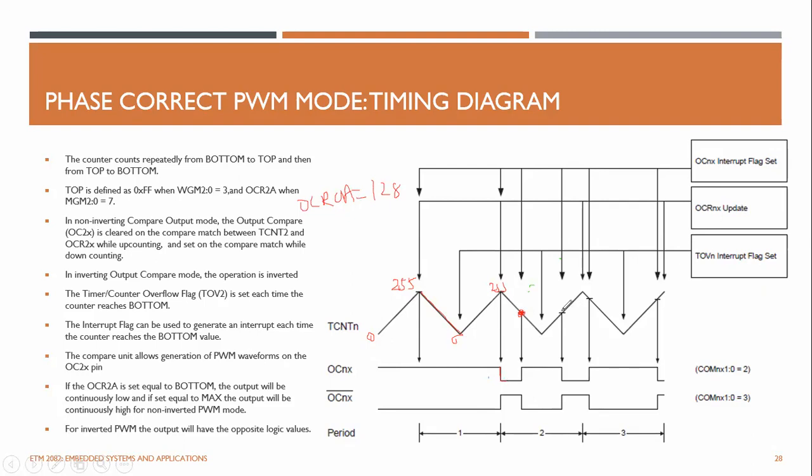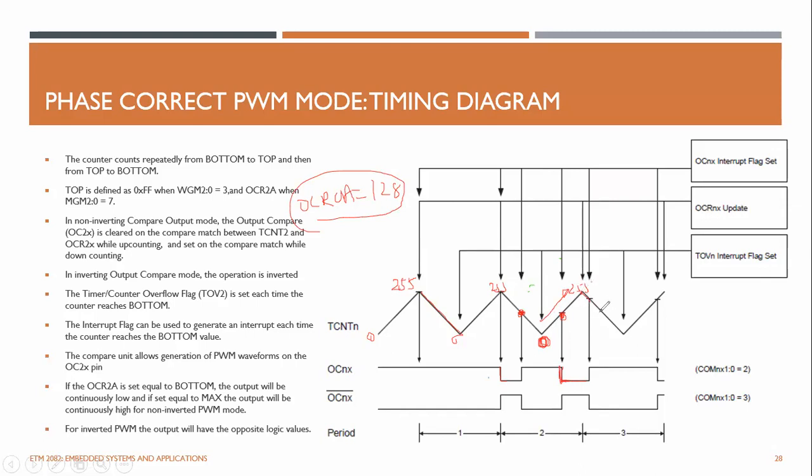Sorry, let's say this is the point, starting from 0 and counting up to 255. When it meets this OCR0 value, the output pin will be reset, right? And it goes to 255 and comes back down, decrementing the value.